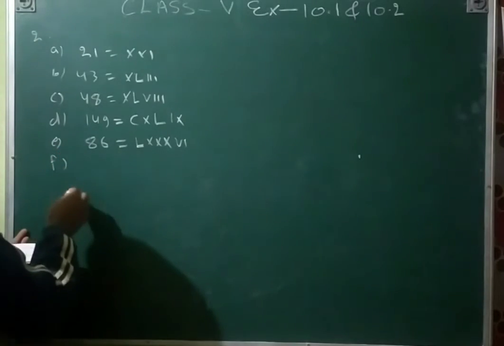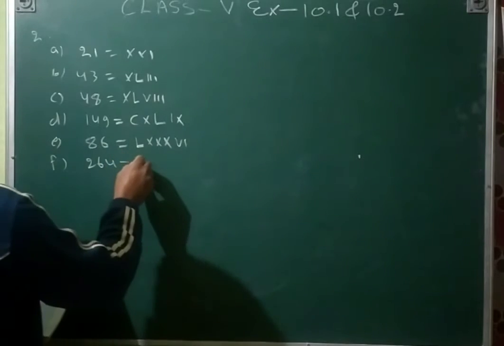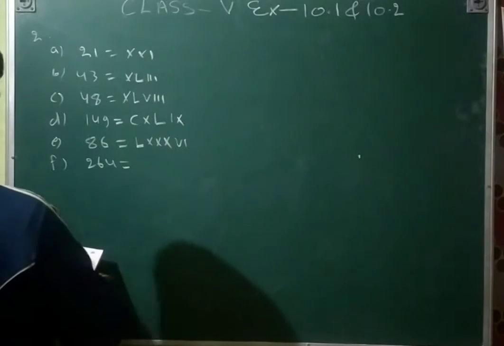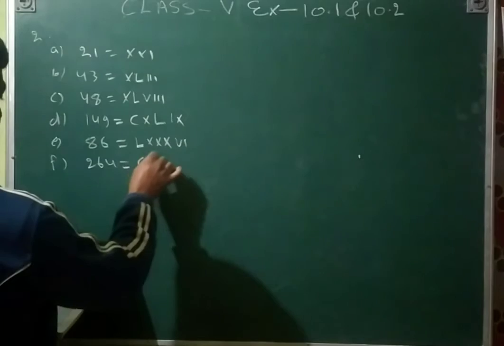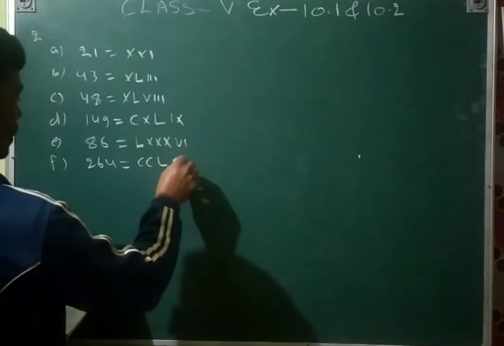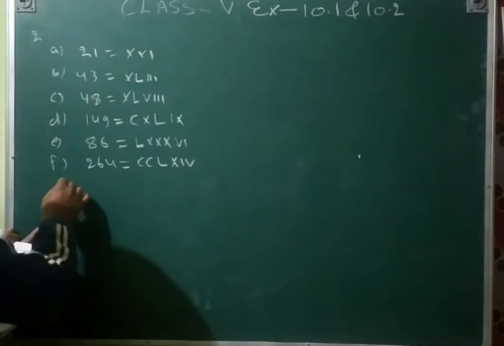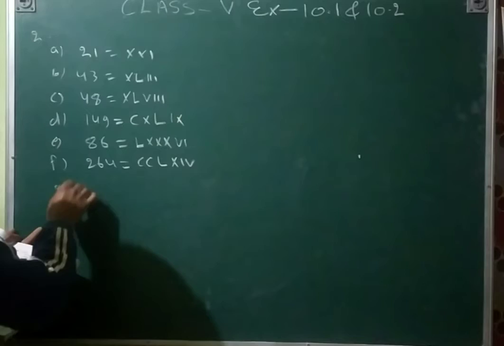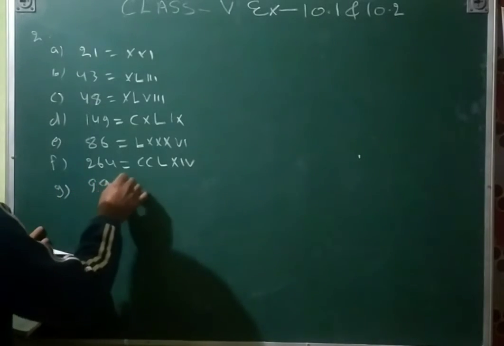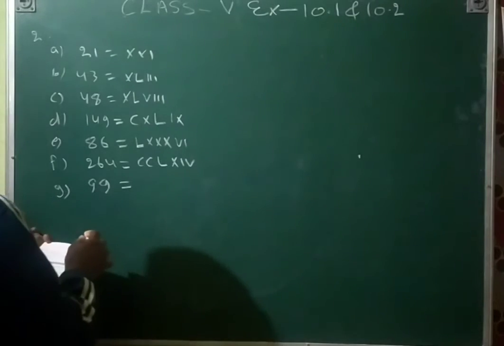F part is 264, that is 200, so C will become two times, and then L 250, 260 and then 4. G part, that is 99.